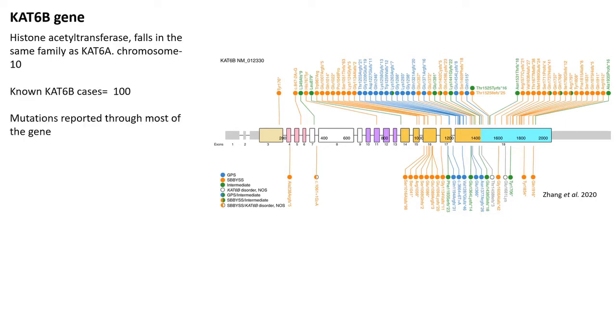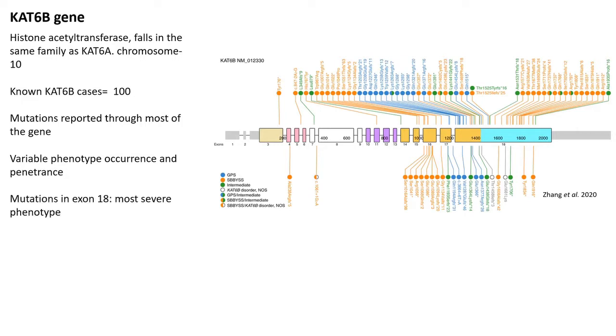Just like KAT6A, mutations for the KAT6B gene have been reported throughout most of the gene. There's also variability in the phenotype occurrence and penetrance, meaning different individuals with the same phenotype can present with different severity of the same phenotype. Mutations in exon 18, the final exon, are associated with a more severe phenotype, most of the time, not always.